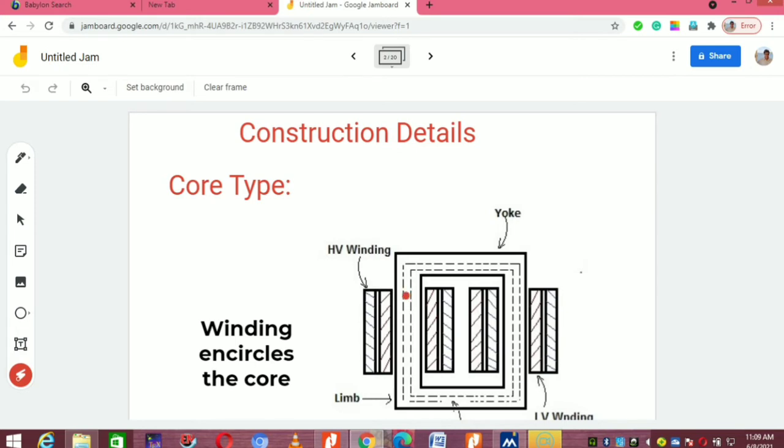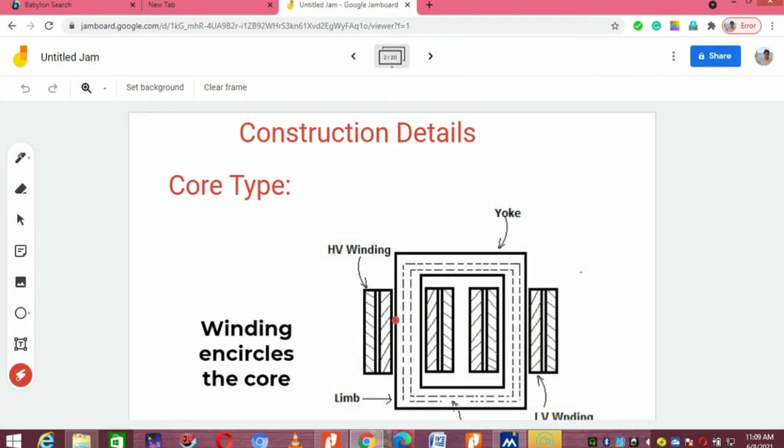But now if you take a leakage flux on the first leg, it is going to link both LV and HV. See, I am drawing a possible leakage flux, and on the second leg also the leakage flux is going to link both primary and secondary. Then if it is linking both LV and HV, it is not a leakage flux. So we are reducing the leakage flux and leakage reactance also.